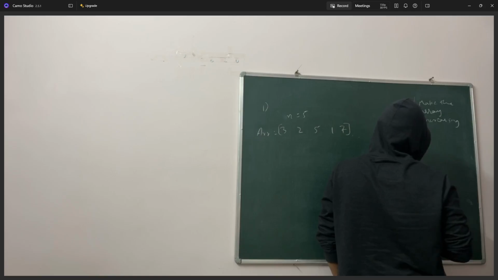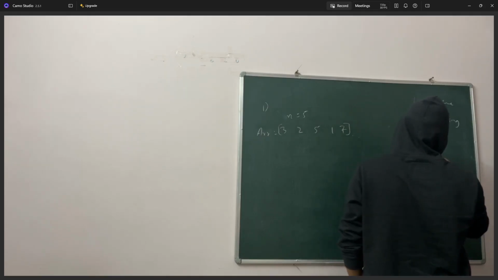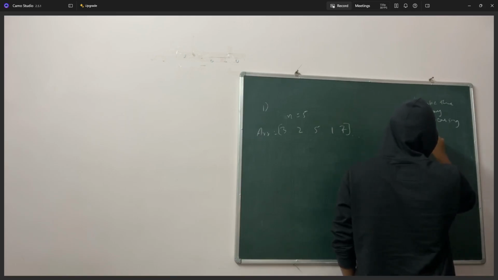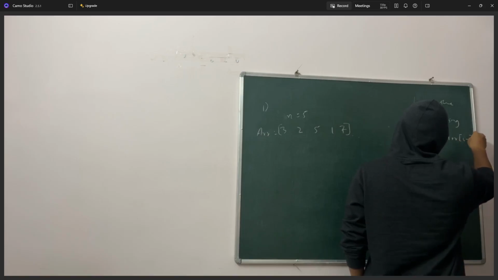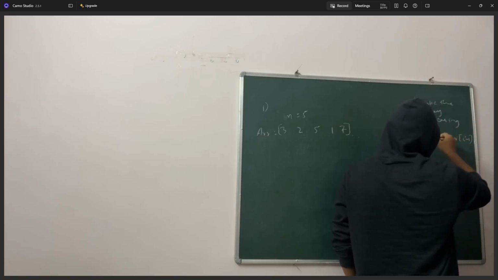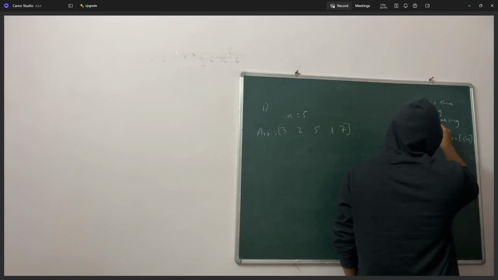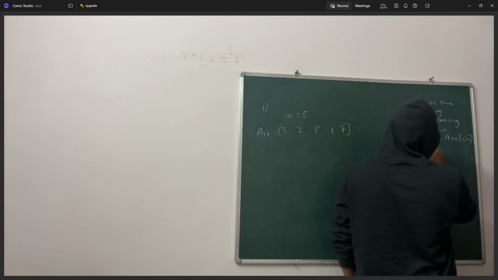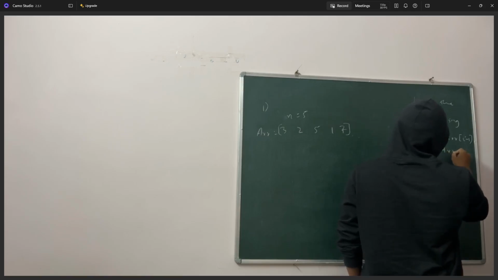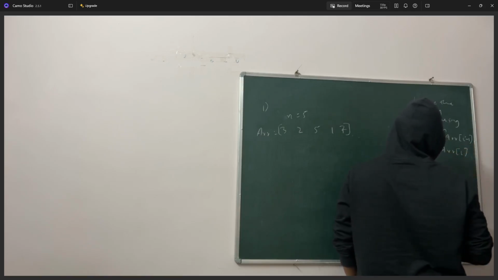Let's say we have a previous element given as arr of i minus 1. I'm considering an arbitrary index i, which is from 0 till n minus 1, and my current element is arr of i.